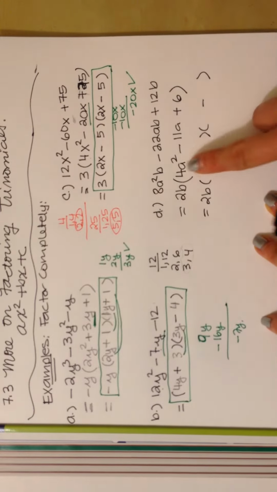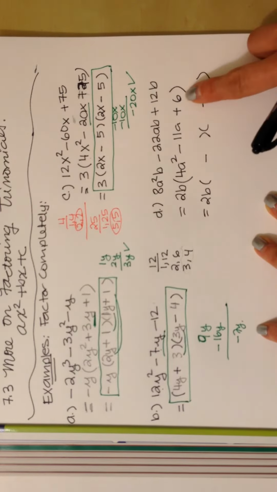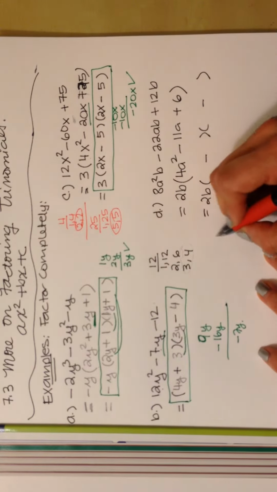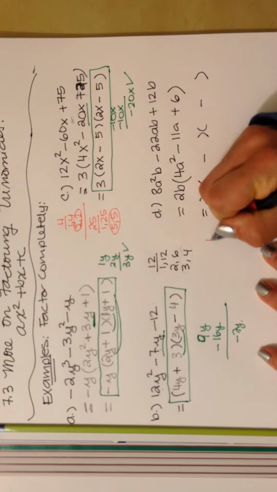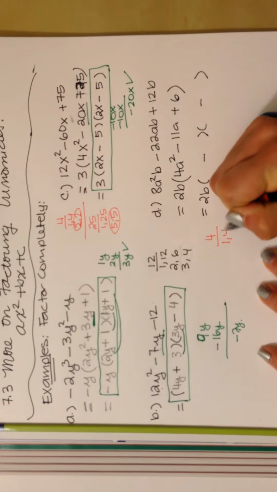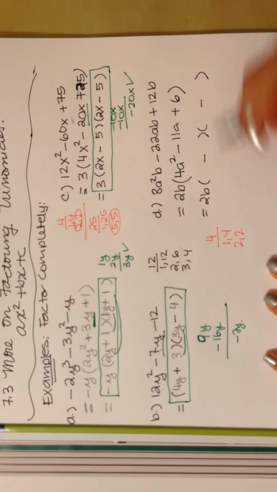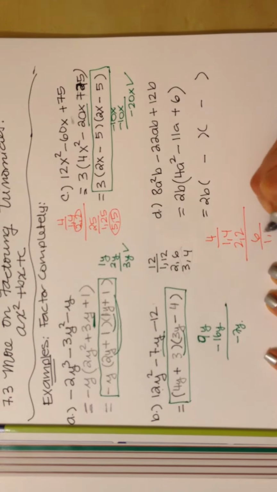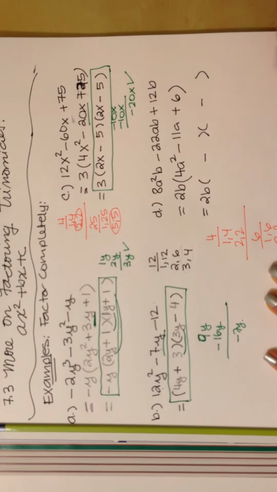Now, look at factors of the first term, factors of the last term. So for 4, like I said, we're going to write this again. We have 1 and 4, 2 and 2. And for 6, you have 1 and 6 or 2 and 3.